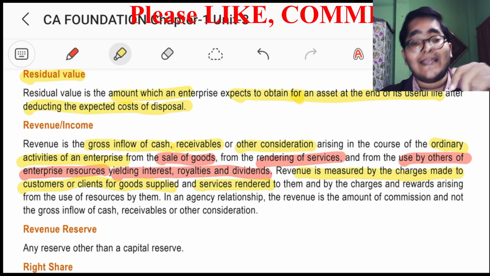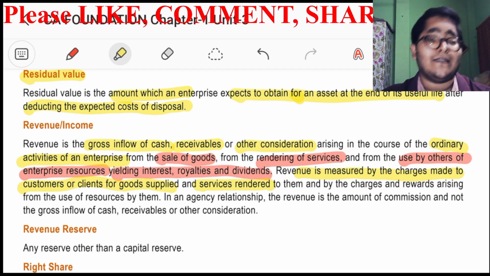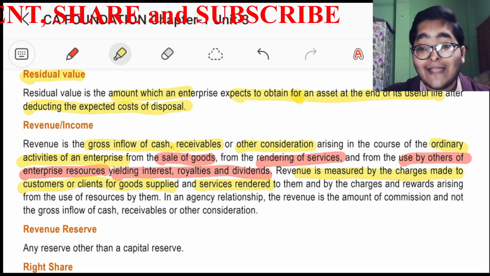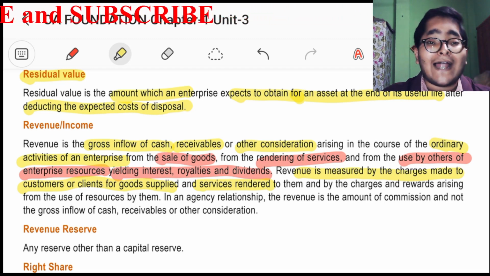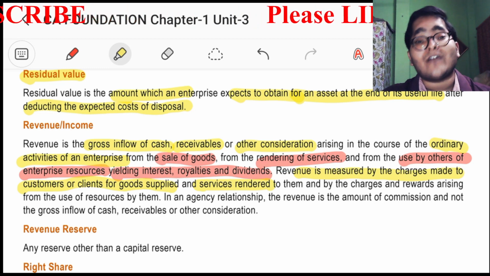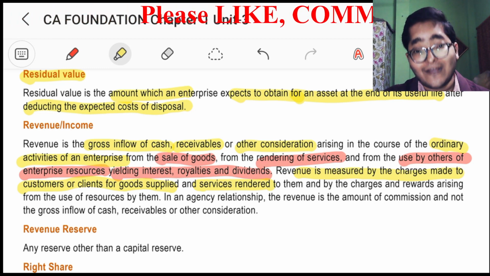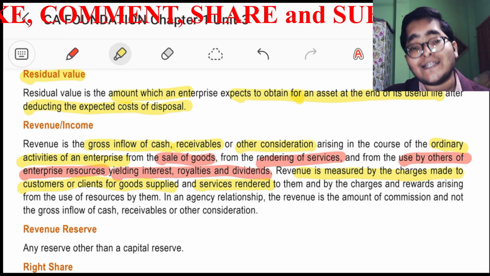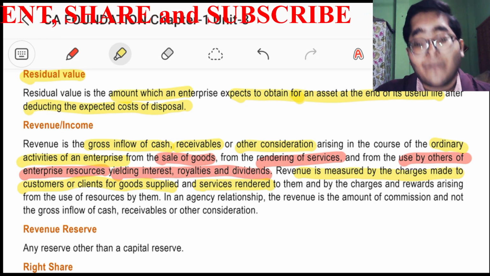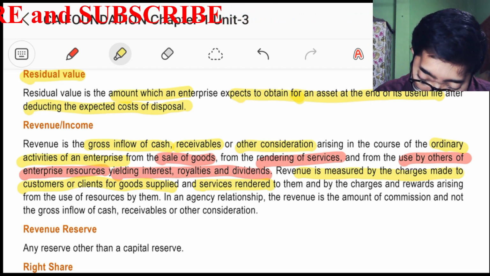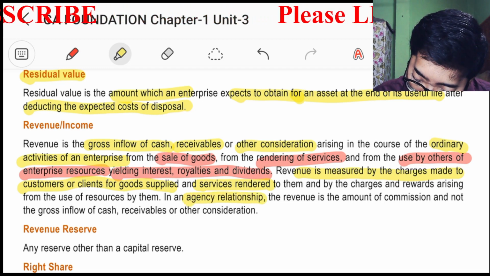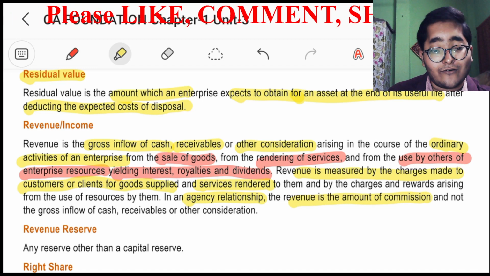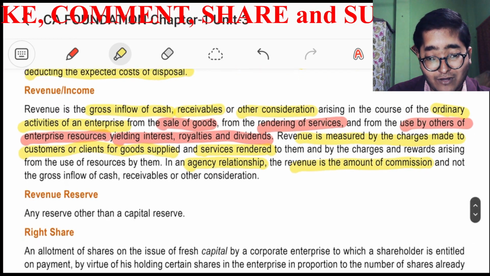If a business is an agent to another company or enterprise, then the income of that agency is in the form of commission paid by the head company or head firm. In that case, the revenue of that agency firm would become the commission. That is why in an agency relationship, revenue is the amount of commission and not the gross inflow of cash, receivables, or other consideration.